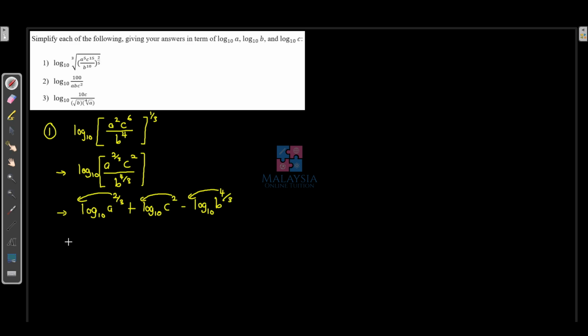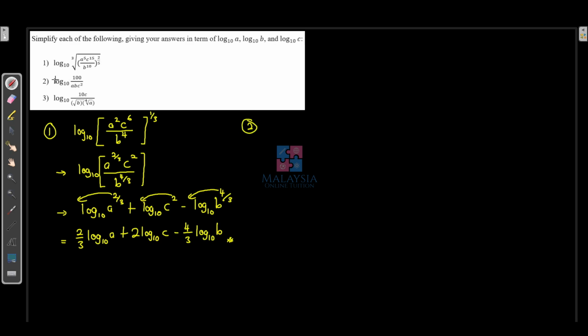You don't want that. So finally, the answer is 2 over 3 log base 10 a, plus 2 log base 10 c, and finally minus 4 over 3 log base 10 b. So we have the answer for part 1 here.